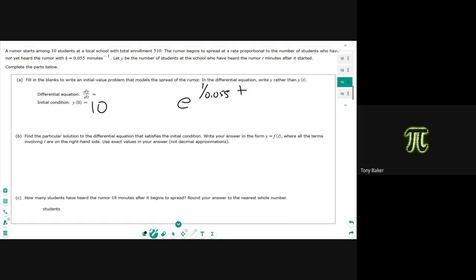So how would I set up my equation? 0.055. So if I did that, what's going to happen after?